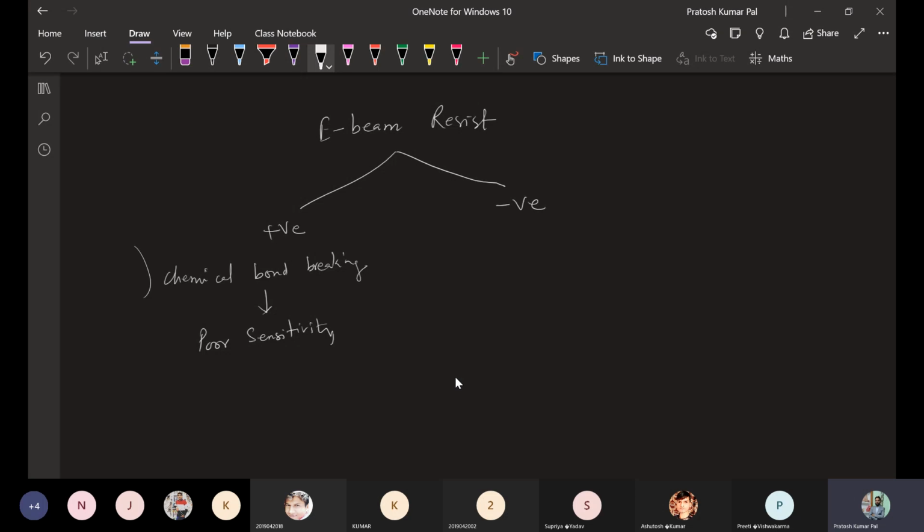So positive and negative types are similar to what we have seen. In the positive case it will become soluble. If the chemical bond is breaking, it means it is weakening the bond. The bonds are weak, that means the polymer that we have used will become soluble. Okay.